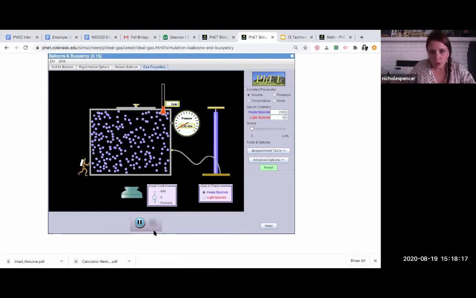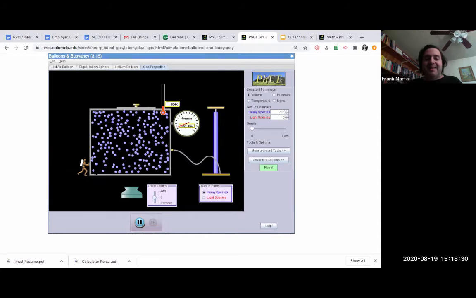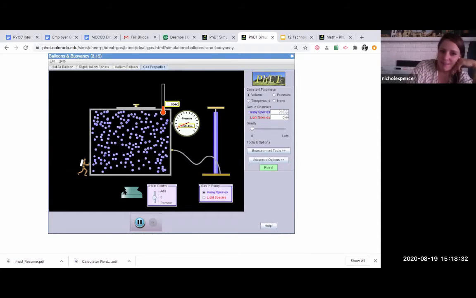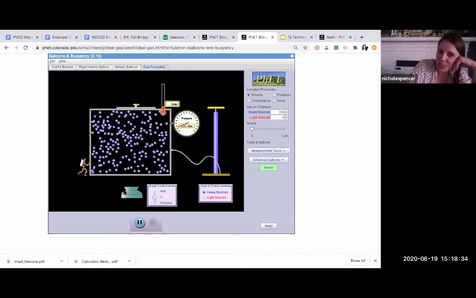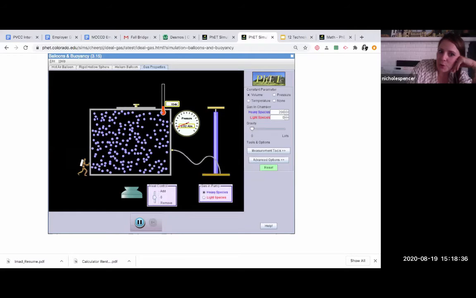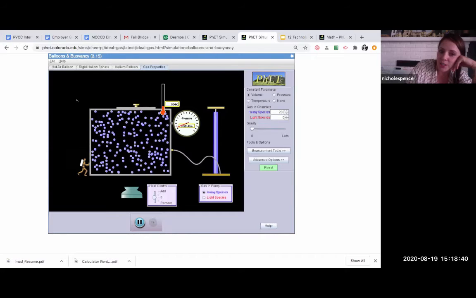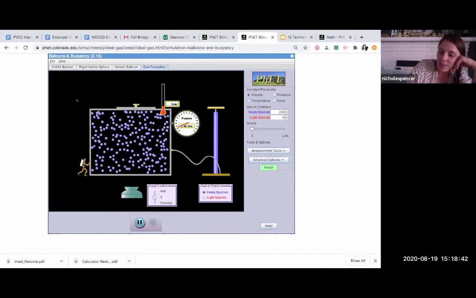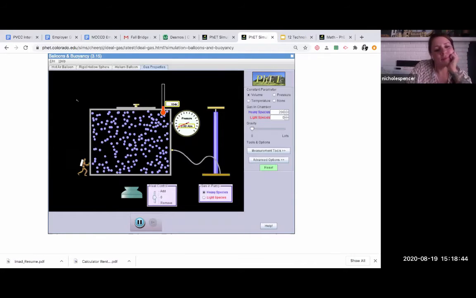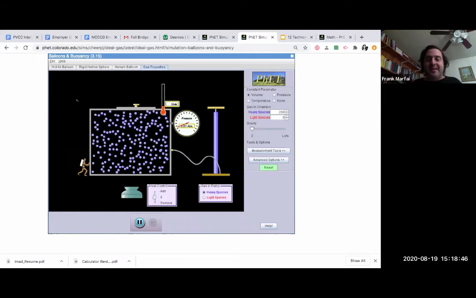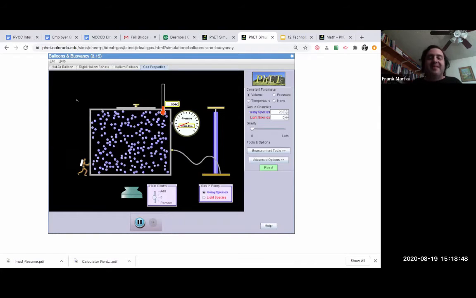Any observations anyone wants to share out about your gas particles that you notice whenever you add or remove energy? Well, the cooler it is, the less pressure there appears to be. That's one observation.